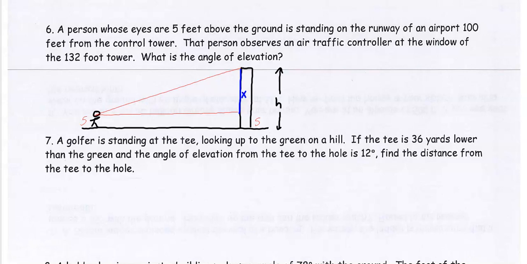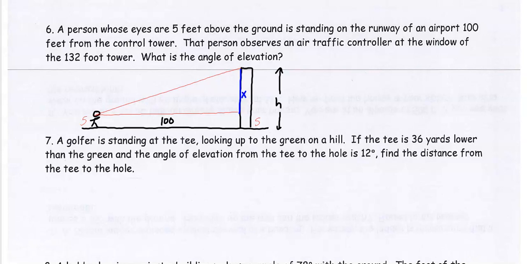All right, so what do we have here? We got 100 feet from the tower. So 100 is the bottom portion. Standing on the runway of the airport, 100 feet from the tower. So I think the person observes an air traffic controller at the window of the 132 feet tower.